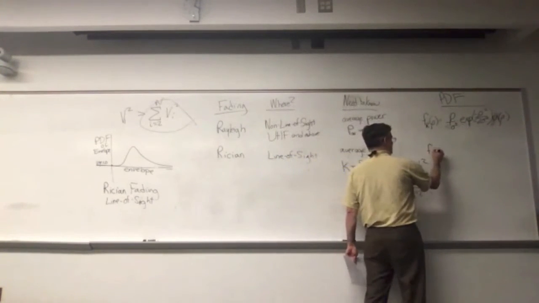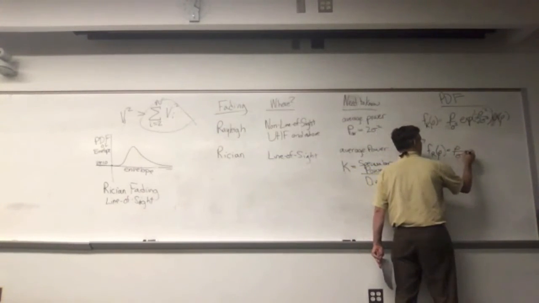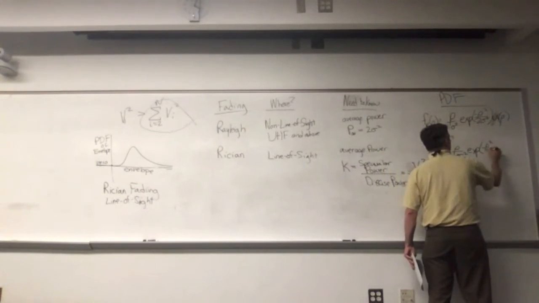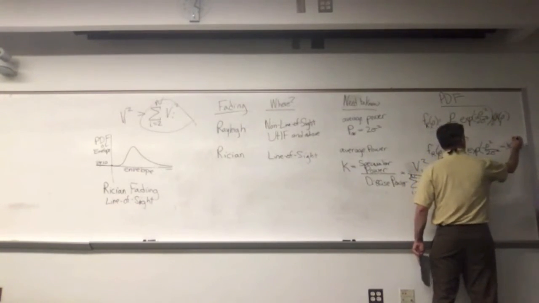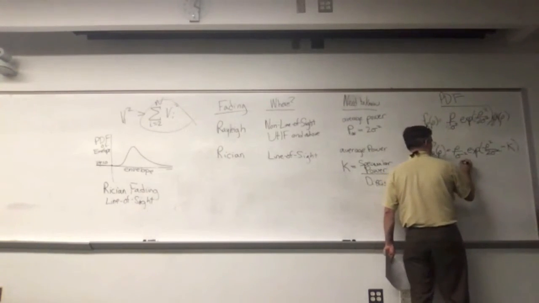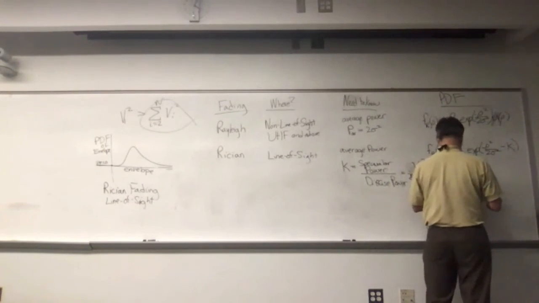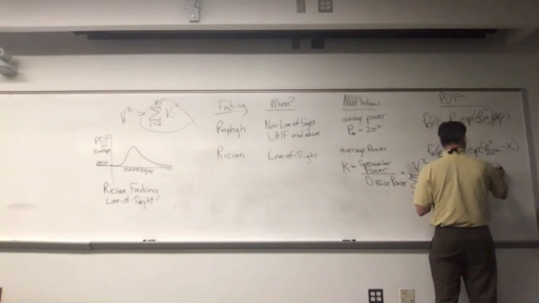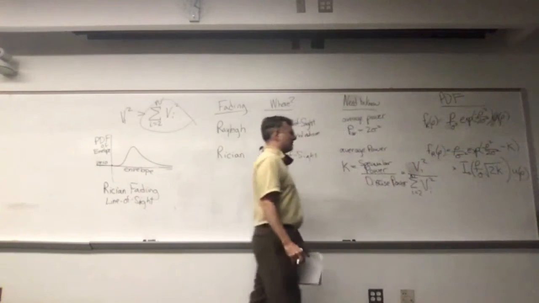For the Rician distribution, this actually does have a closed form. It looks similar to the Rayleigh distribution, but it's a little more complicated.